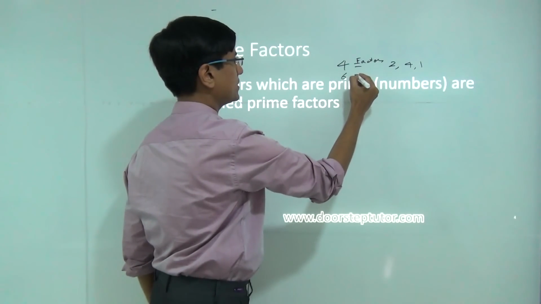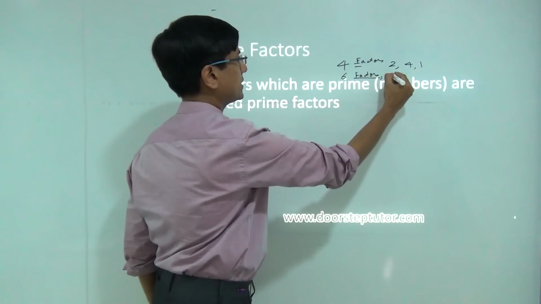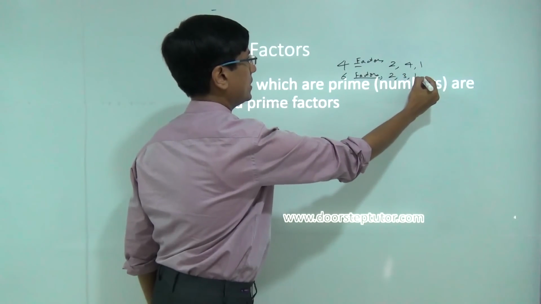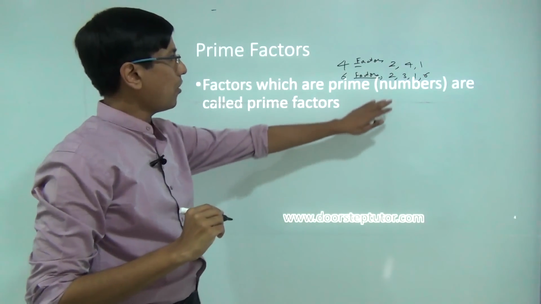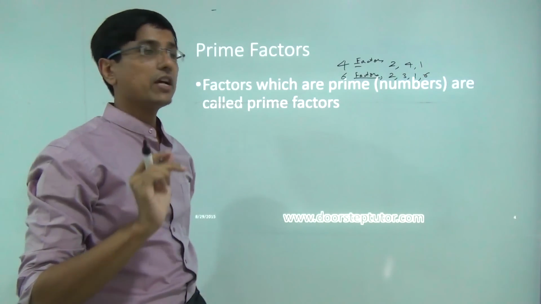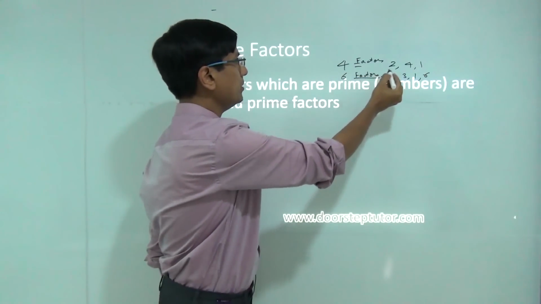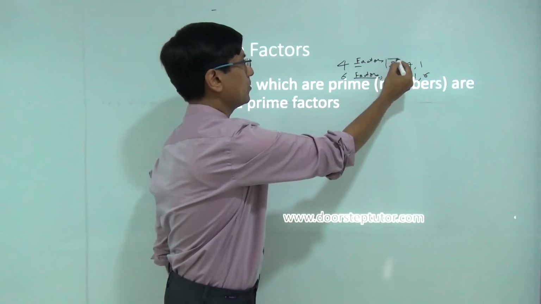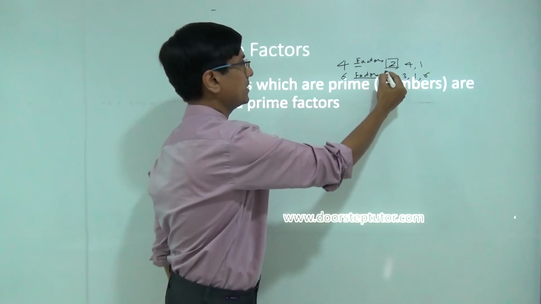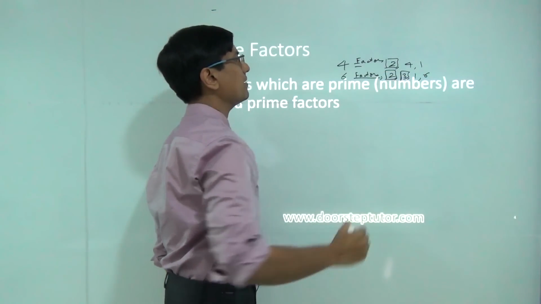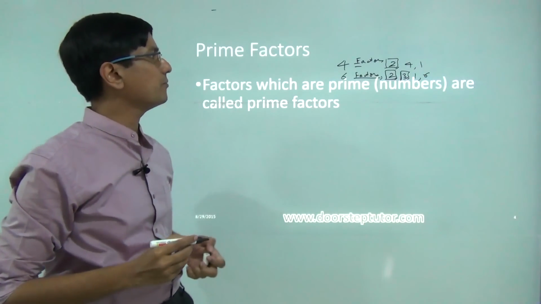And factors of number 6 are 2, 3, 1 and 6. All the factors of a number which are prime are called prime factors. So what are the prime factors of number 4? 2 is the prime factor. What are the prime factors of number 6? 2 and 3 are prime factors.